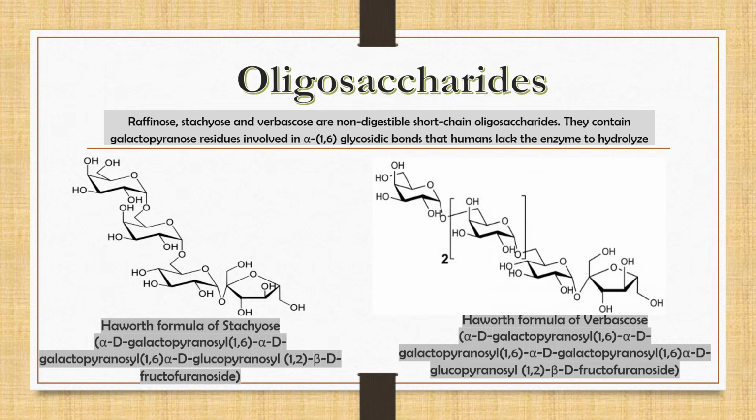Raffinose, stachyose, and verbascose are non-digestible short-chain oligosaccharides. They contain galactopyranose residues involving alpha-1,6 glycosidic bonds that humans lack the enzyme to hydrolyze.